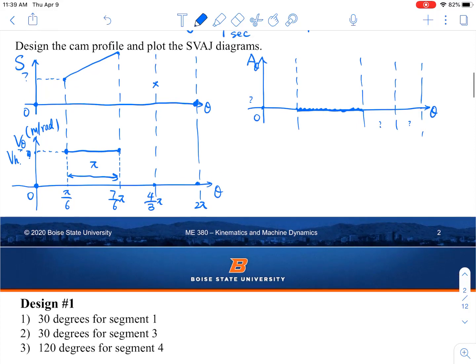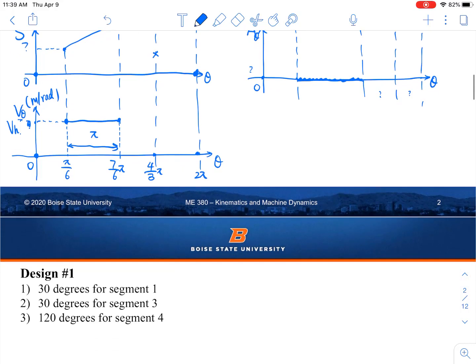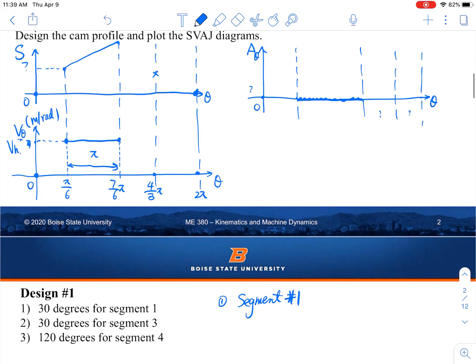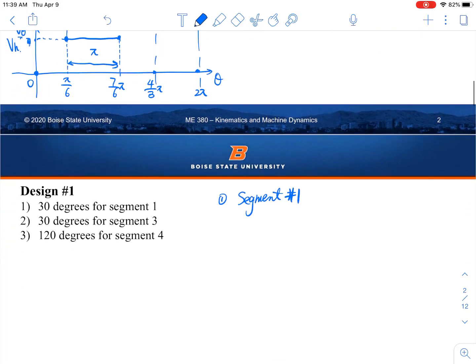Again, similar to the CEP design, we want to design this thing section by section. So first of all, let's look at segment number 1. And then let's take a snapshot of the SVAJ in the plot.